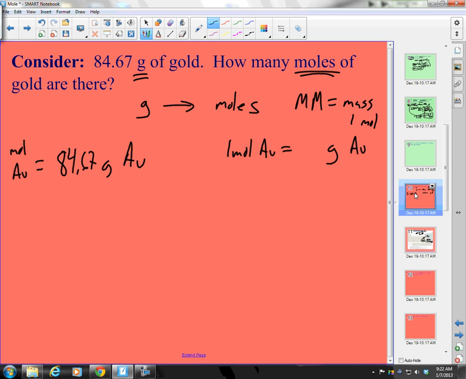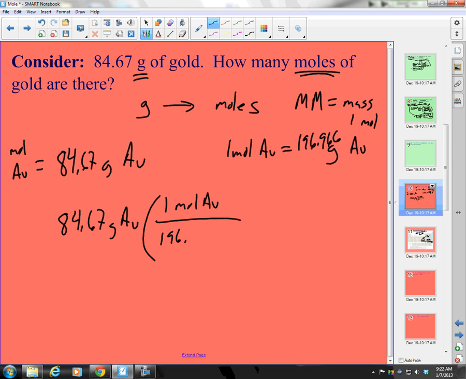196.966 grams of gold. Now that's probably more sig figs than we need, but here we go. Are you ready? Let's rewrite this. I have 84.67 grams of gold. I'm going to do this the dimensional analysis way, right? What is it that I want? 1 mole of gold over 196.966 grams of gold.